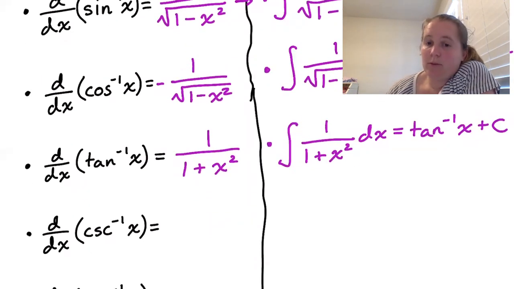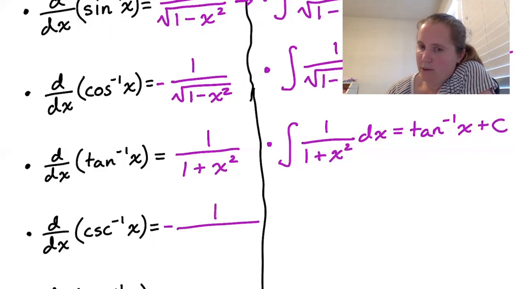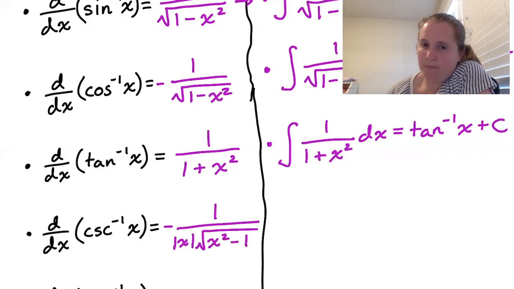Next up, we have the derivative of cosecant inverse x. This was negative 1 over the absolute value of x times the square root of x squared minus 1.